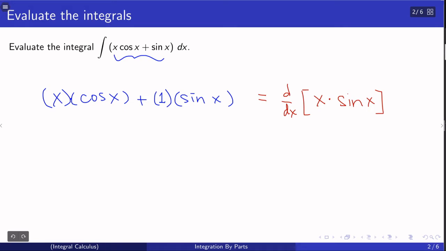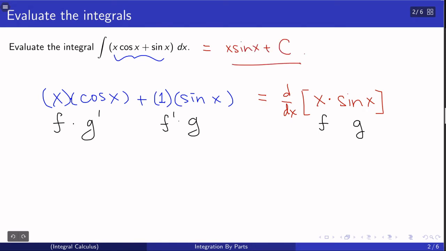If you take x to be f and sine x to be g, then by the product rule, the derivative is f prime times g plus f times g prime. Therefore, what this allows me to do is to just go straight to x sine x plus c as the antiderivative of this integral.